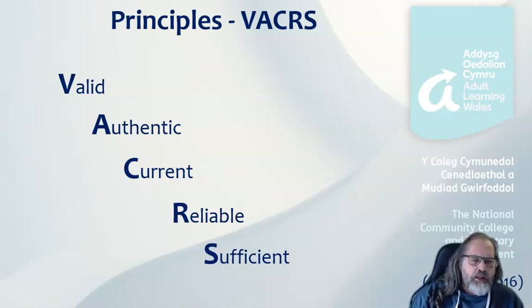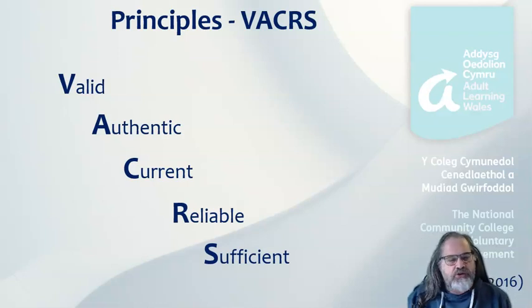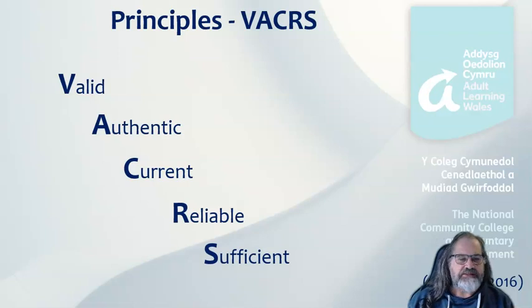And objectivity. An assessment can easily become biased or not quite clear. So you need to make sure that other tutors would get the same information or deliver it in the same way or assess it in the same way.